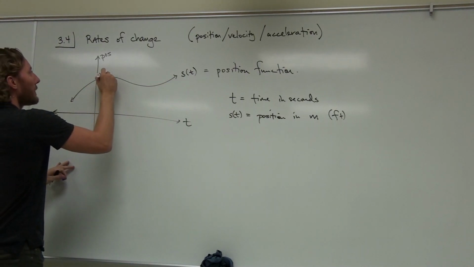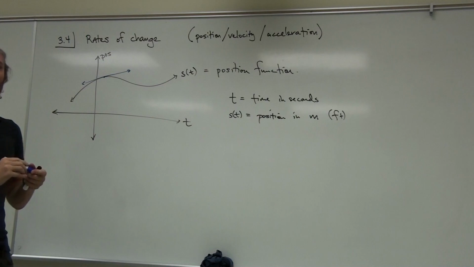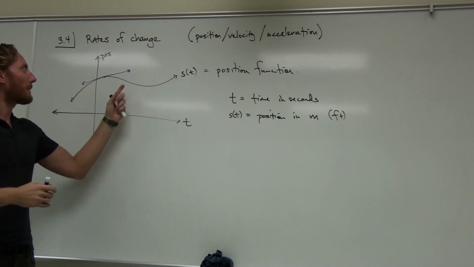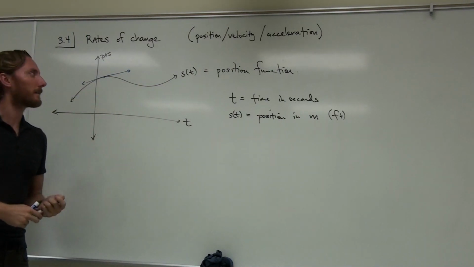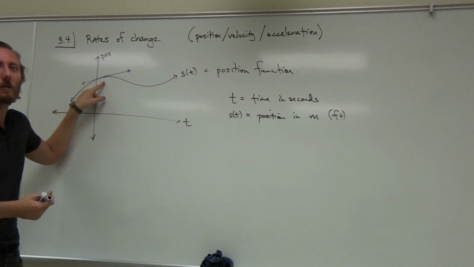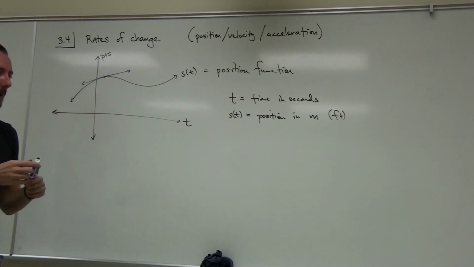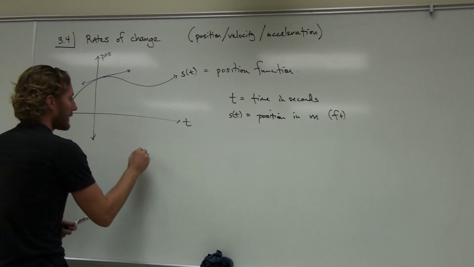Well, when you talk about the derivative of a function, that's going to be establishing a function to describe what? The slope of the tangent lines. So if you look at any point along the original function and you evaluate the derivative, you have the slope of the tangent line. Now let's think here for a second.